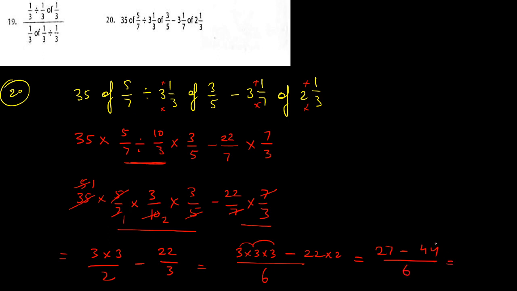So what is your answer? 27 minus 44: put 7 here, and 4 minus 2 is 2, so minus 17 upon 6. This will be your answer. Fine. Thank you.